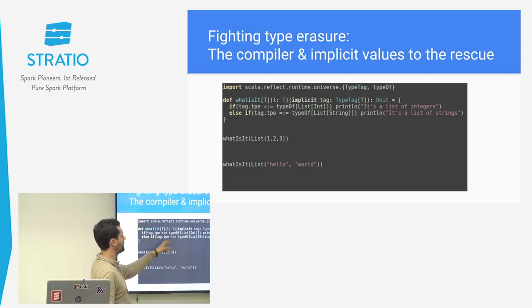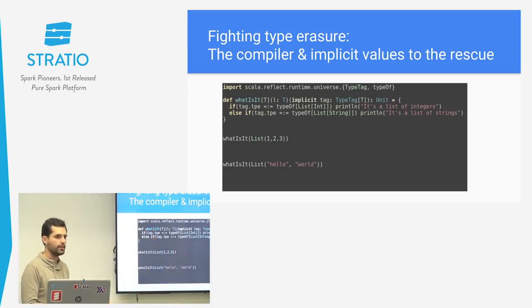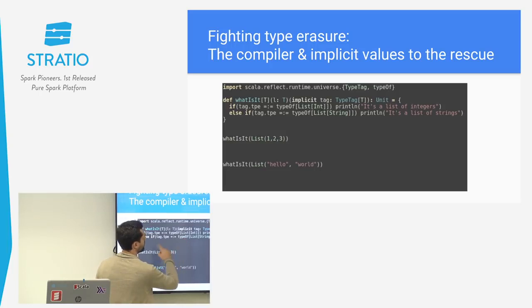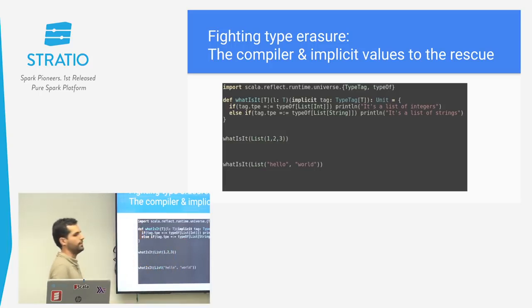Is the type of the value we have received of type List[Int]? And this time, it wouldn't be confused, because type erasure gets completely overridden by the fact that we have runtime evidence of the type. And that's an application of implicits.